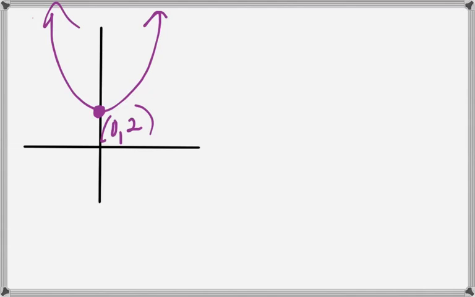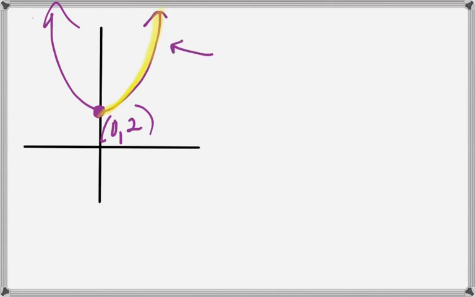So if we look at where this function is increasing and where it is decreasing, remember, increasing means that as we move from left to right, the y values are getting bigger. So as we move from left to right, the graph goes up. That happens on the right half of the graph.